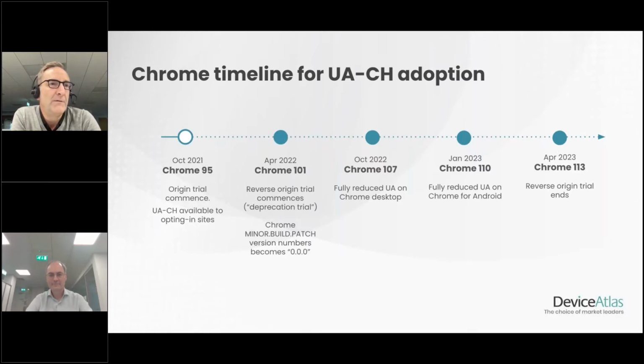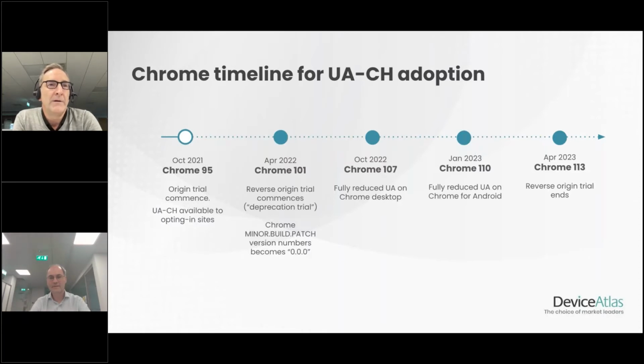Chrome 95, which is due to be released, I think, on October 19th or thereabouts, kicks off a so-called origin trial. What this means is that sites that choose to opt in to see how this will behave can register with Google and get to see the new behavior. So there's an opt-in that begins with Chrome 95 in about 2 weeks' time.